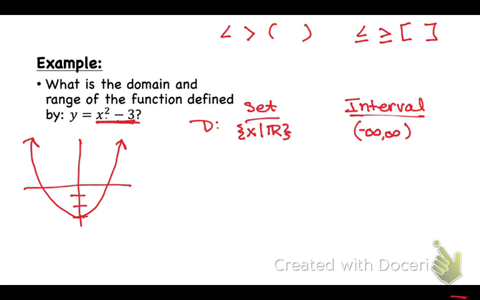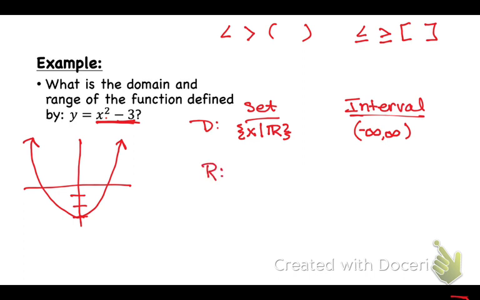When it's infinity, it's always going to be parentheses because I technically can't get to infinity. If I told you a number, I'd have a next number. So infinity is always going to be parentheses because you're going towards infinity, you aren't actually getting there. Okay.